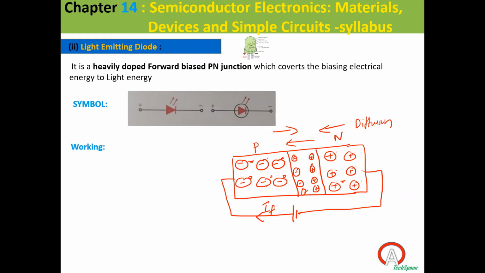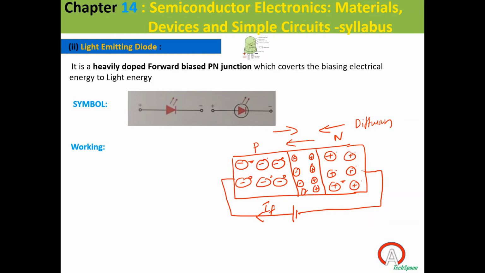There is a chance of recombination also, right? Suppose thousands of electrons are coming to this P region. Of those, some 100 electrons can recombine with holes. The balance 900 will move to the battery. There is a chance of recombination.